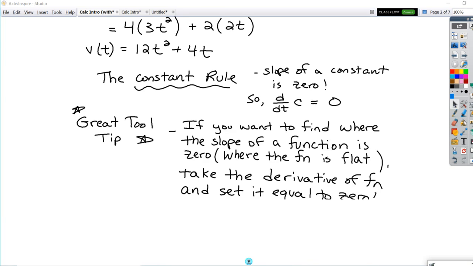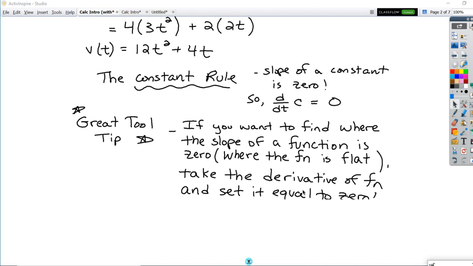Here's a great tip that will help to solve many useful problems for us. If you want to find where the slope of a function is 0, that's the same as saying where the function is flat, or where the slope is 0. That's where the derivative is 0.